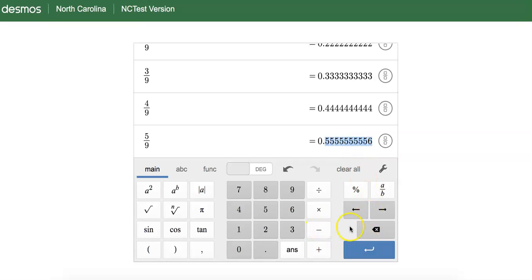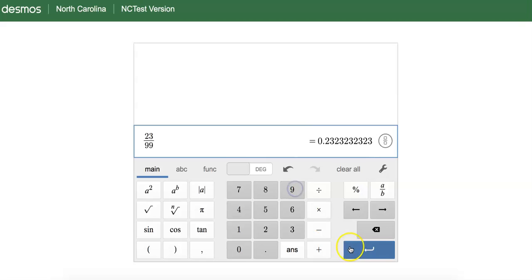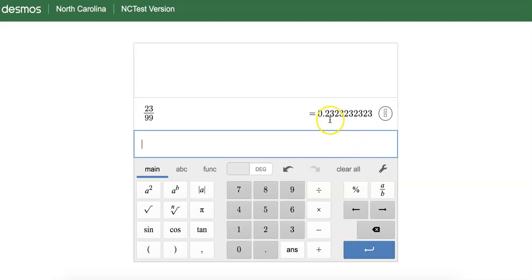All right, so let's go ahead and look at some 2-number pattern examples. Let's say that you had 23 divided by 99. Look, it would show the pattern 2323232323. So this time I have 23 as the pattern, and then I put it over two 9s instead of just one 9.